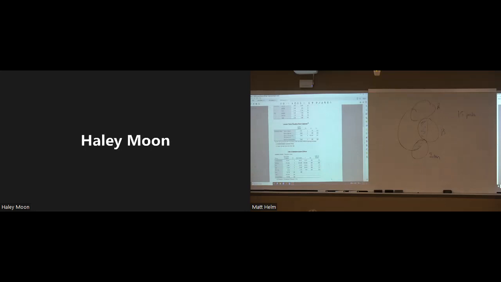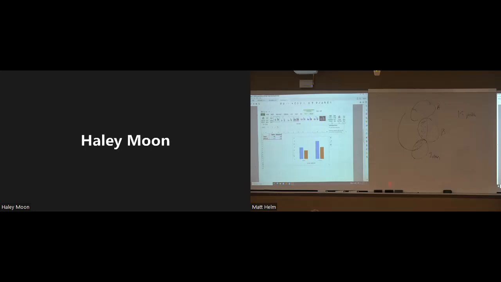Okay, so what I decided to do, very first and foremost, is plot this in Excel. This is super easy to do. You just set up your table here, go to insert graph, and you can change around the format. The thing you want to make sure you do is switch column and rows.